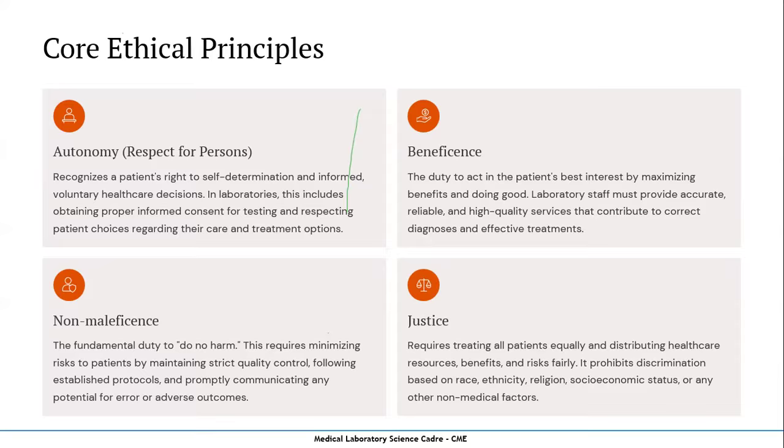We recognize that our patients also have a right to self-determination and to be informed, then voluntarily make healthcare decisions. So in the laboratories, this includes obtaining proper informed consent for testing and respecting the choices of the patient regarding their care.